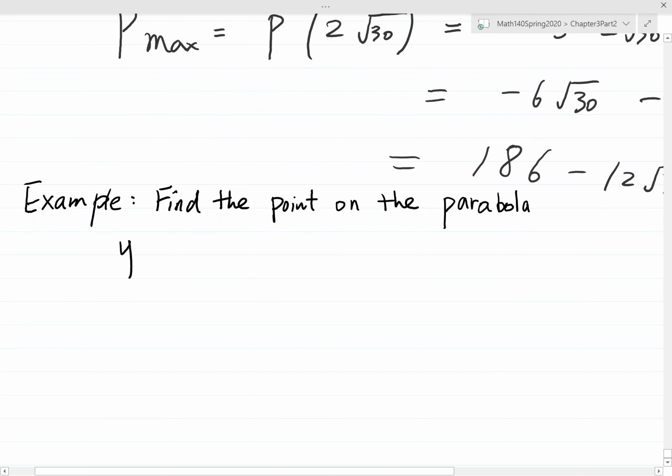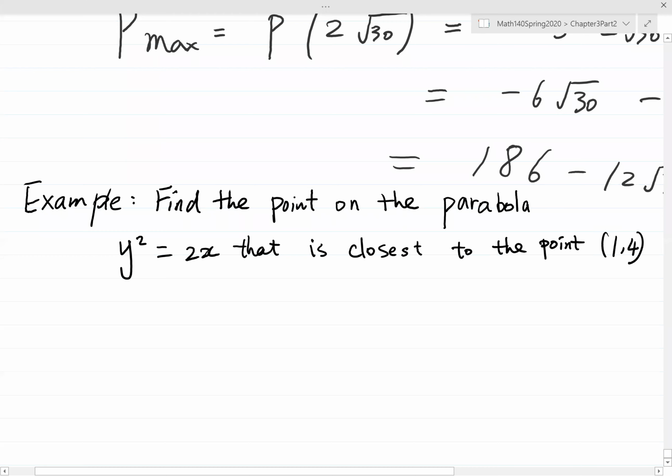The equation is given by y squared is 2x. Find the point on the parabola that is closest to the point (1, 4).